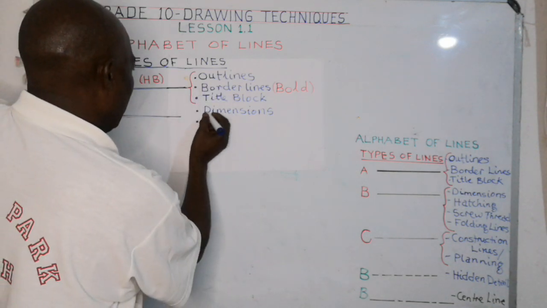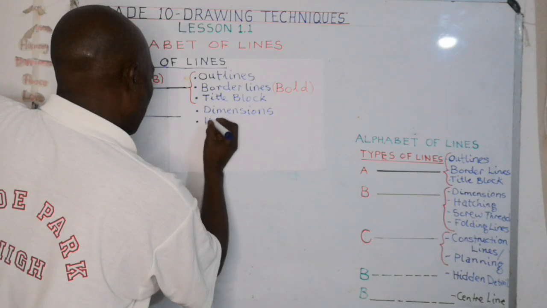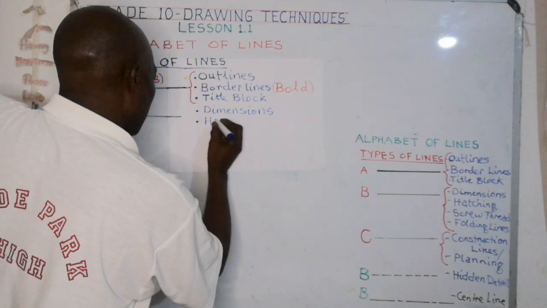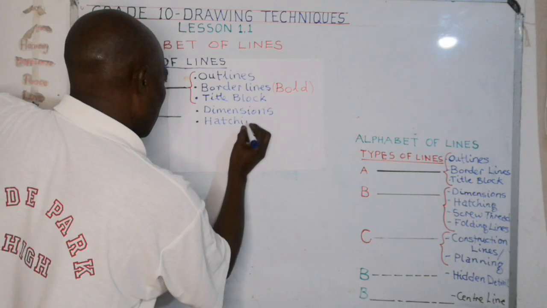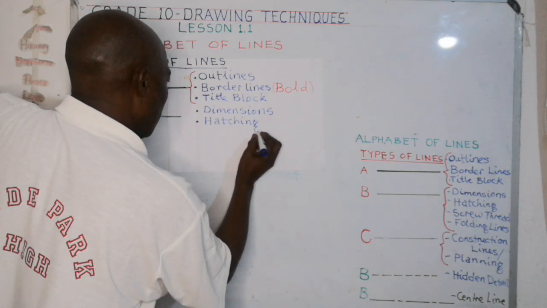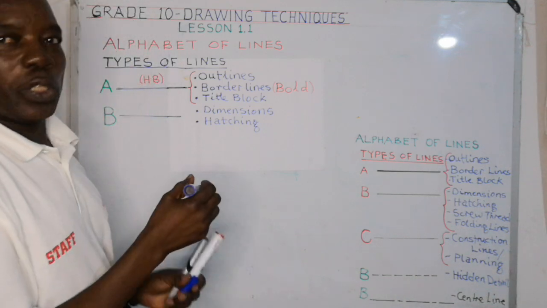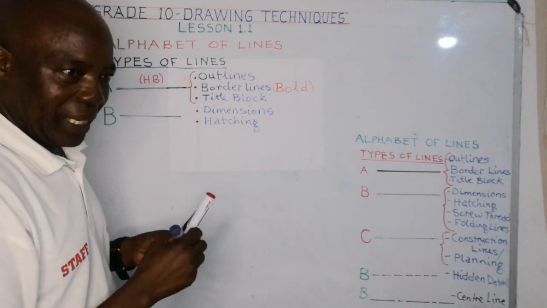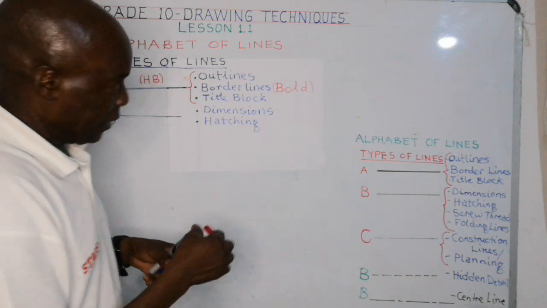So it's dimensioning, then hatching. Hatching is the type of line which is used to show that something has been cut. And hatching is something like this.